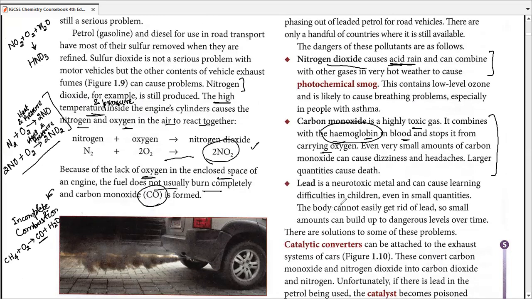Remember, hemoglobin is the part because of which we have the red color of the red blood cell, and because of which the whole blood is red. I hope you have also learned the names such as red blood cells and hemoglobin from biology. So when carbon monoxide reacts with hemoglobin, it makes a stronger bond than what oxygen can, and hemoglobin is then not capable of bonding with oxygen.